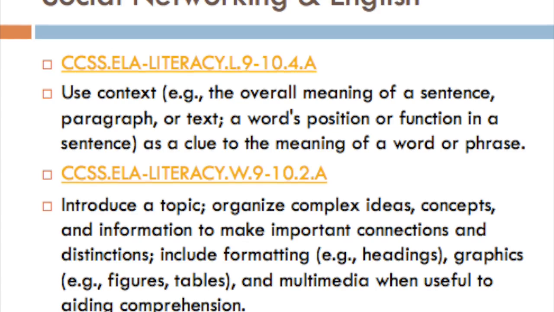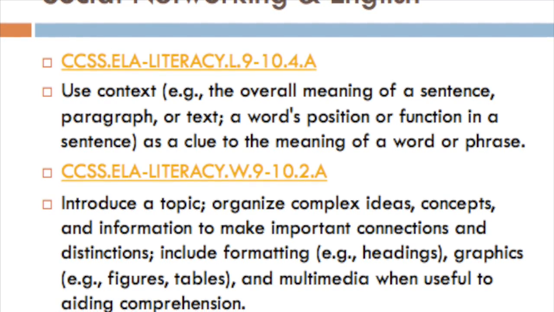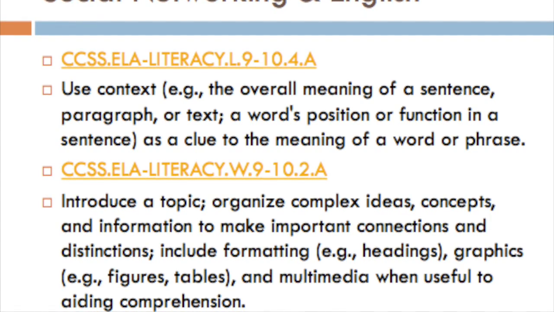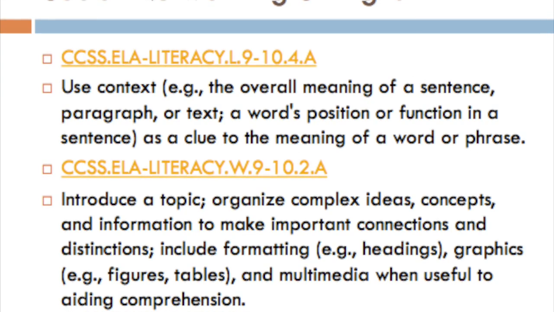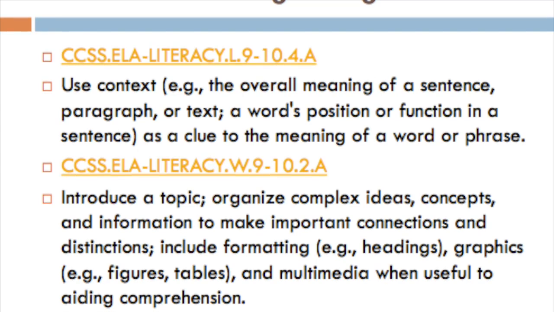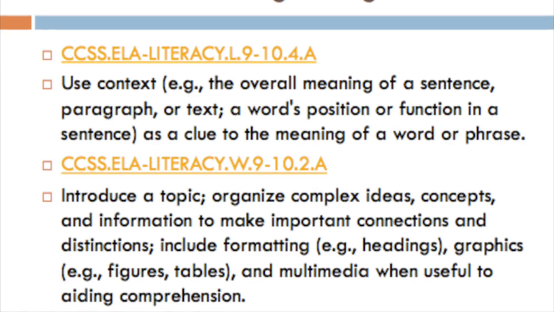And these tweets and Facebook posts could include words that they may not know, vocabulary words, and they could then use the context to figure out what the word or phrase means. They could use context clues to really figure out what this person is saying. I thought that might be fun for them since students are all about the singers and actors these days.